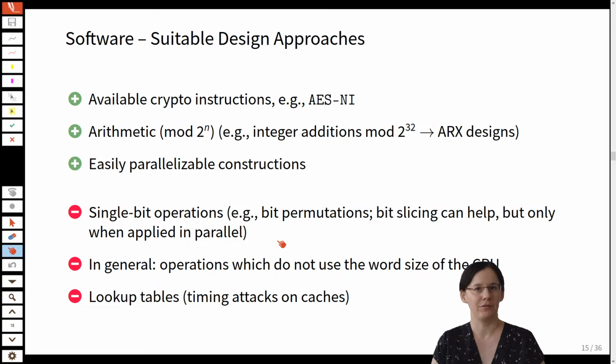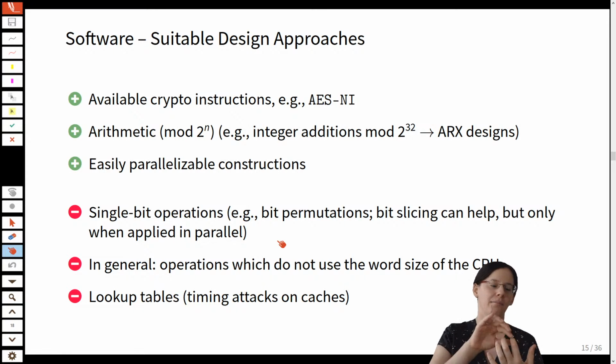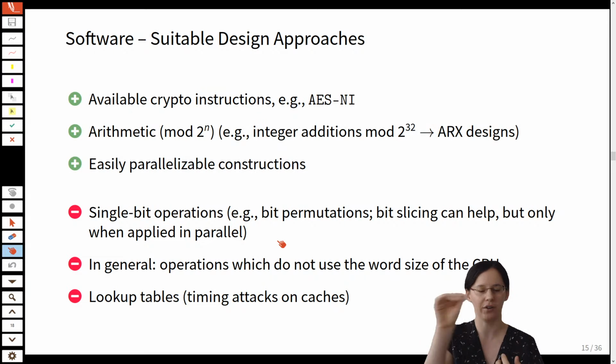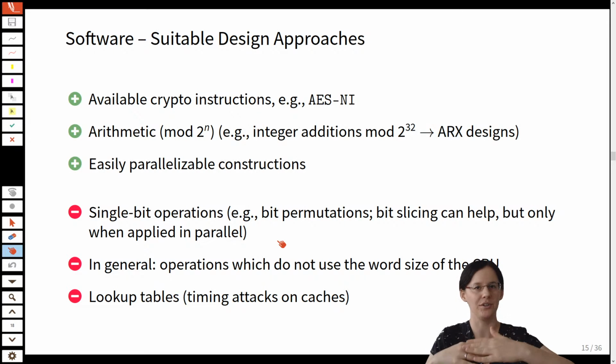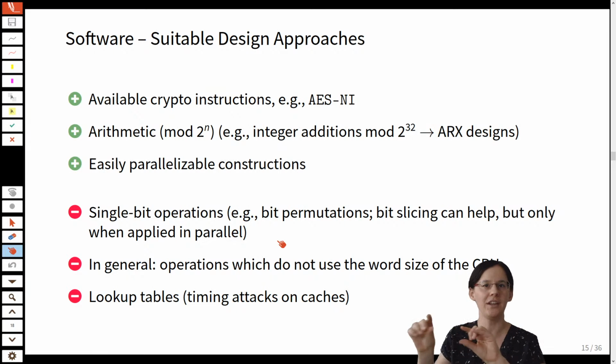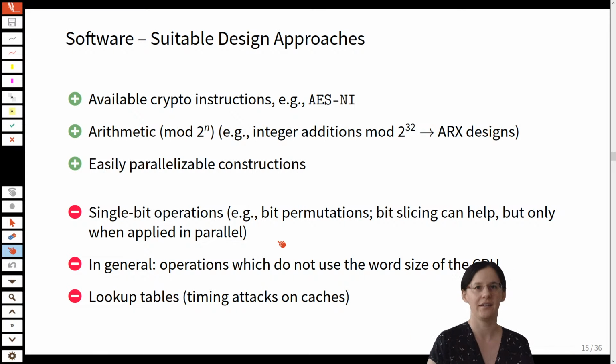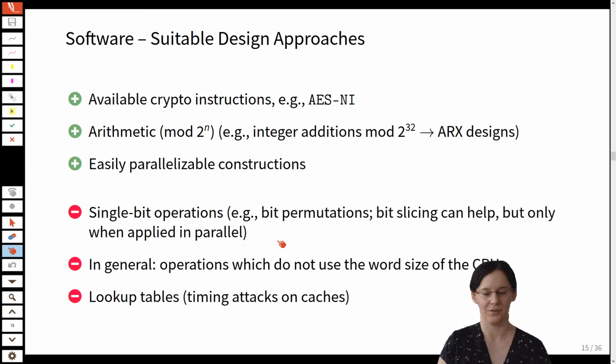This is really painful because to implement this, you either need to change the state layout completely, or you need to mask out all the individual bits, then shift or rotate them around, then XOR it together again, and then do this for each of the bit positions in the word, which would mean many, many instructions for just operating on one word. So this is not a good idea.